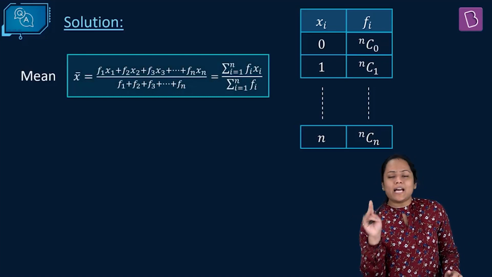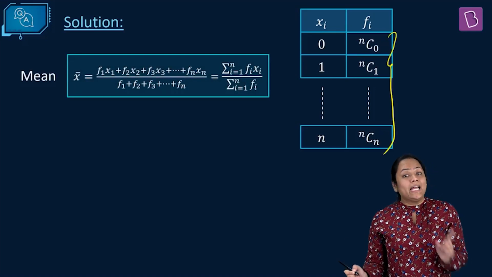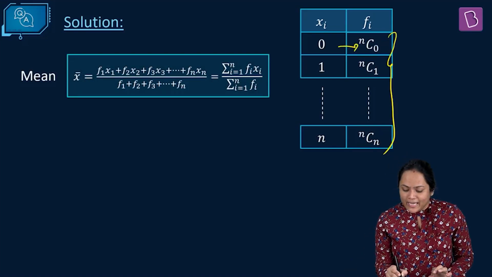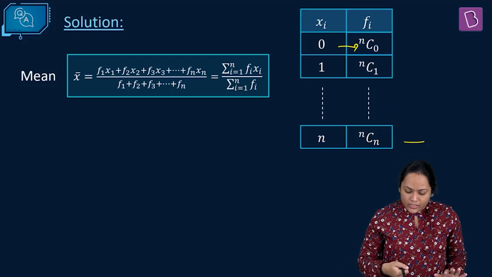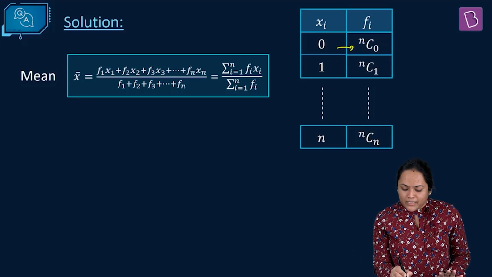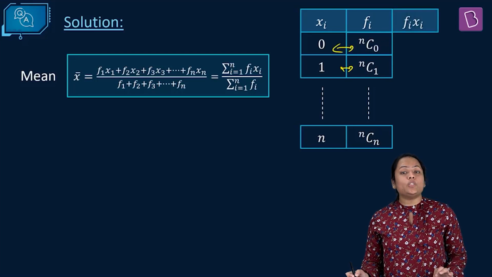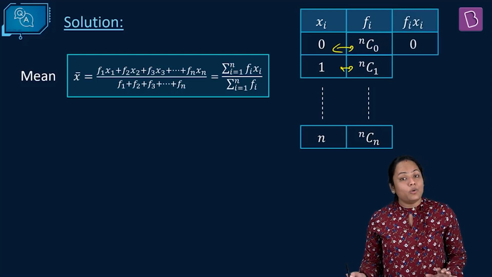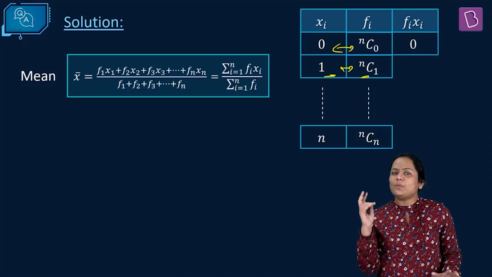Okay, so for this I have to find two things. First I have to find summation of fi, and then I have to find xi fi, and then its summation also. Clear? Okay, so first we are going to find fi xi. That means I'll just multiply these numbers. So when I multiply 0 into NC0, the value is 0. If I multiply 1 and NC1, what is NC1, guys?